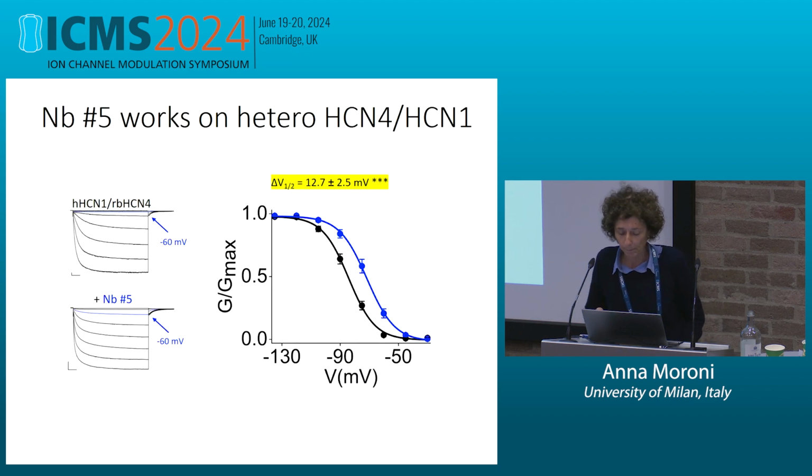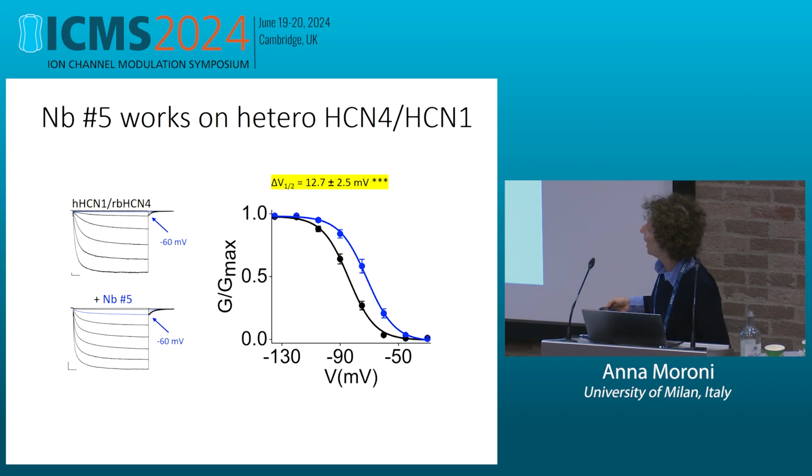So the other thing that we needed to check before going into ex vivo experiments was the possibility that nanobody 5 does not recognize the heteromeric channel HCN4-HCN1, because this is presumably forming in the sinoatrial node cells.